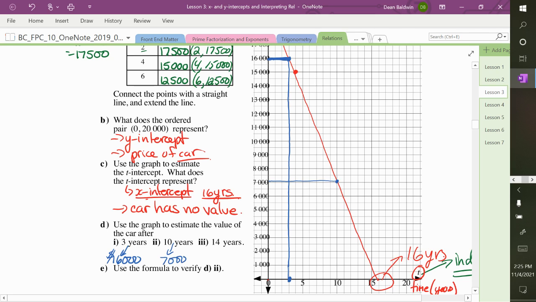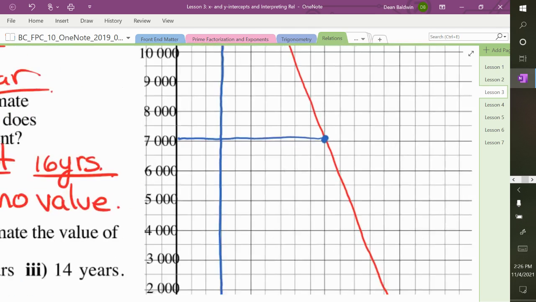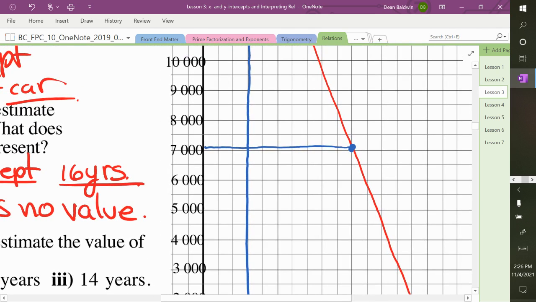I'm just going to go to the nearest 1,000. Everybody's going to have a slightly different number for this because everybody's line is going to go through this point at a different value, because drawing a line freehand isn't the most accurate.